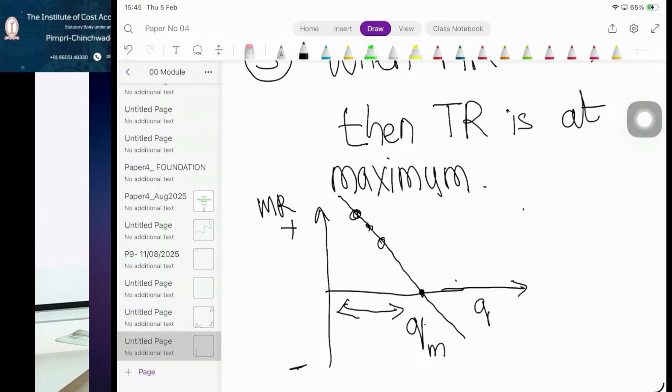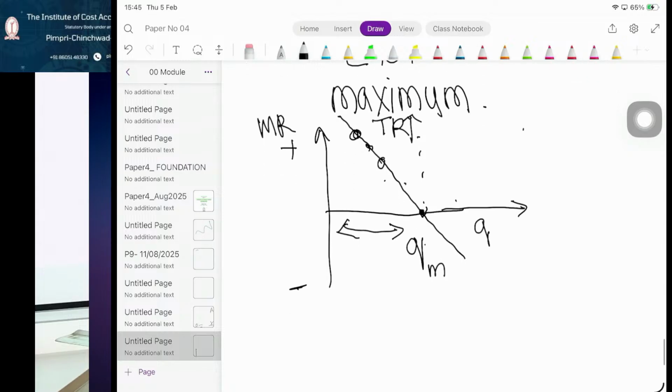Marginal revenue is positive. So till Q1, marginal revenue is positive, therefore TR is increasing. So if I were to draw a TR curve, it would keep on increasing till I reach this point. TR curve would be increasing. Got it?